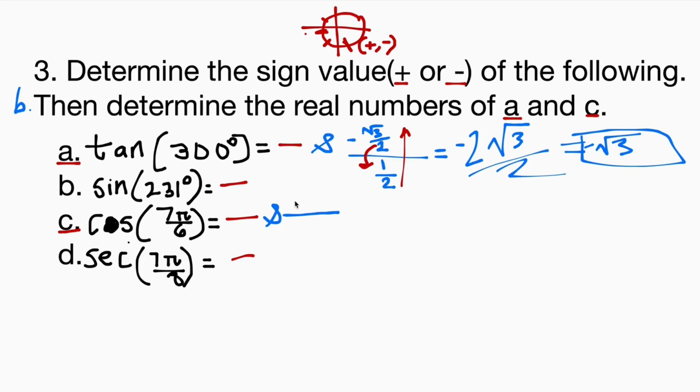So our adjacent value, our x value, is negative square root 3 over 2, over 1, because our hypotenuse is always 1 in the unit circle. So that simplifies to negative root 3 over 2. Let me make that a little bit clearer. This is going to be our answer.